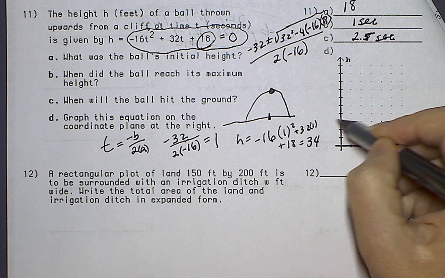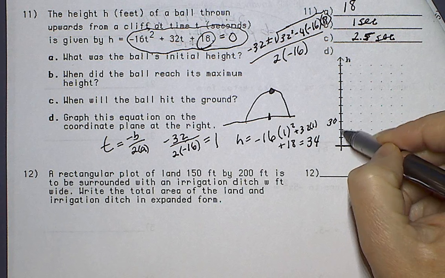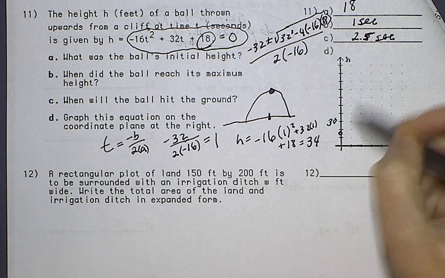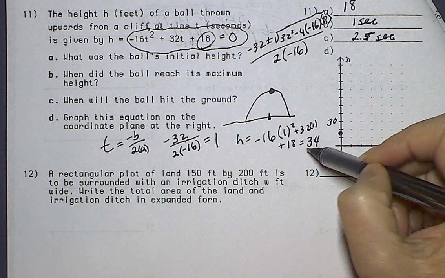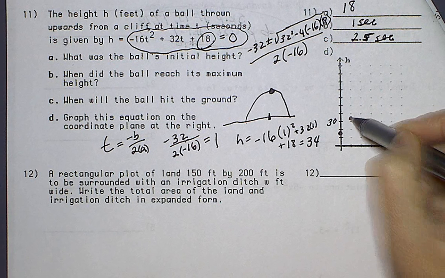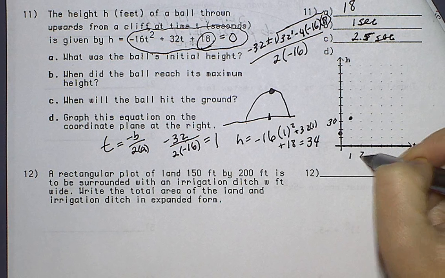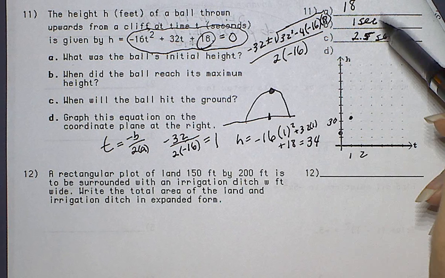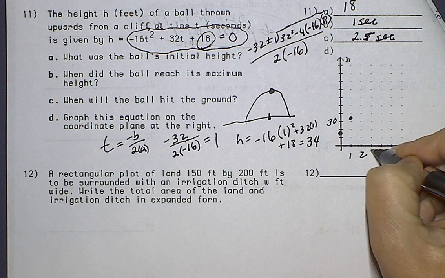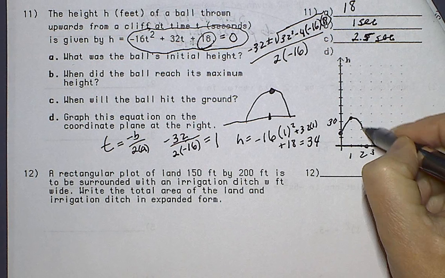So 18 is about right there for the initial height. Then the maximum height at 1 is 34, so it's about right there. And then we're going by ones this way, and it hits the ground at 2.5, so that means it hits about right there. So sketching the graph would look like that.